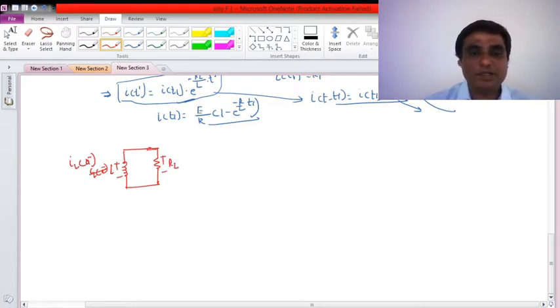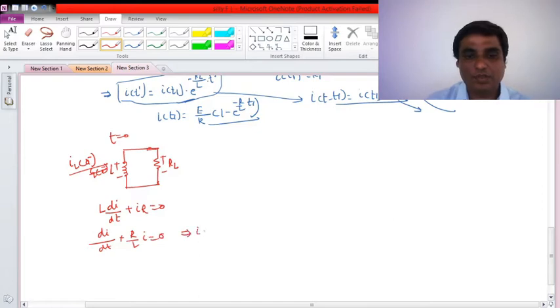So if this inductor is connected to the load resistance, and at switching t is equal to 0 the initial current is IL0, I can write L di by dt. Now I will not use t dash. L di by dt plus I into R is 0, so this is di by dt plus RL I, which is 0.